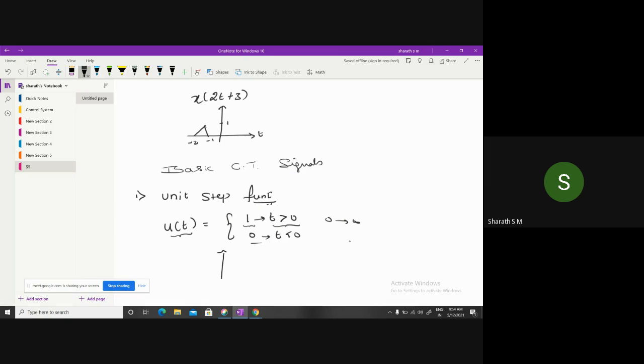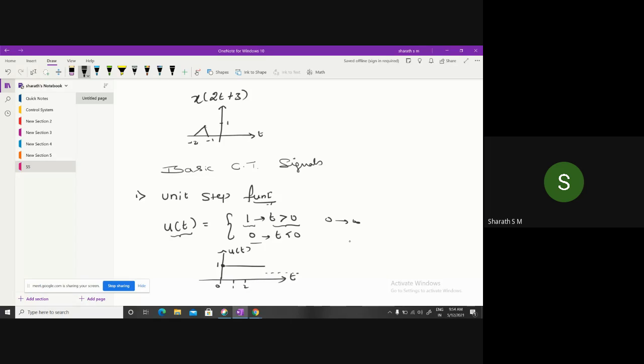So this is how we can write down the signal for u of t. U of t is equal to 1 for t greater than 0. This is the t scale for 0, 1, 2, 3 up to infinity, where it maintains its amplitude level as 1. And it is 0 for t less than 0.